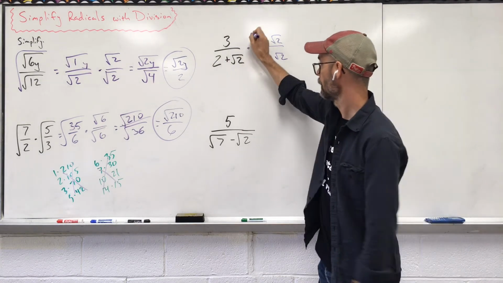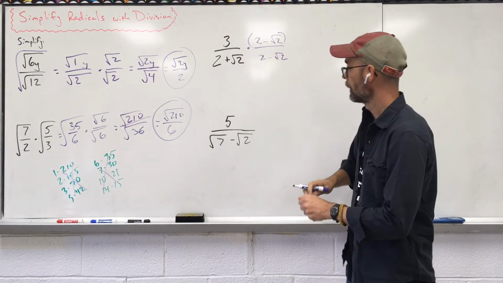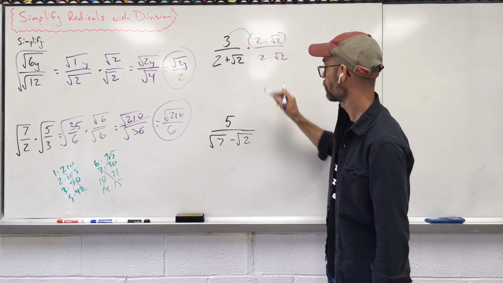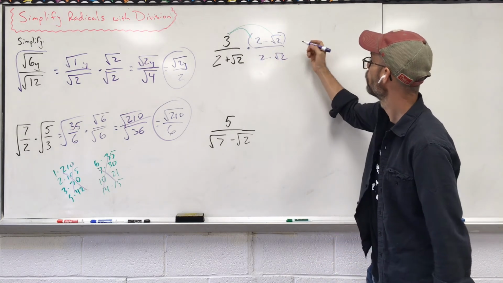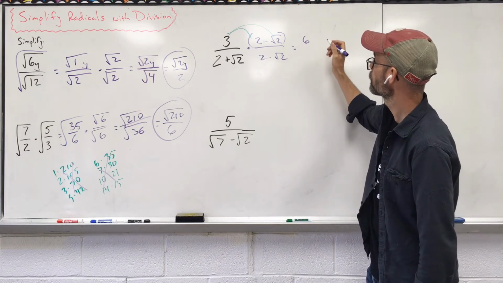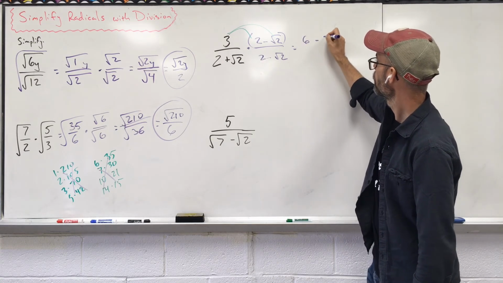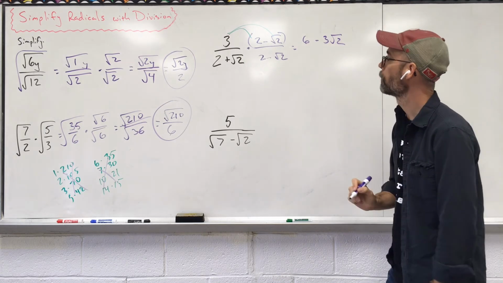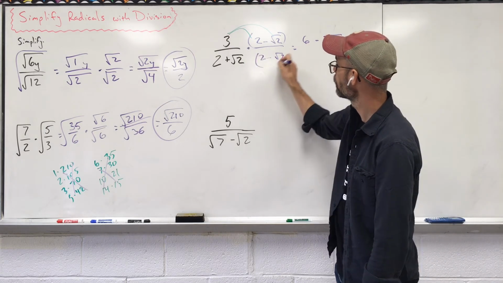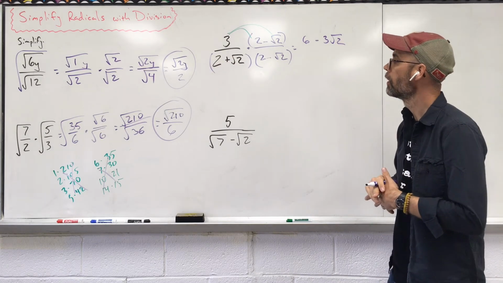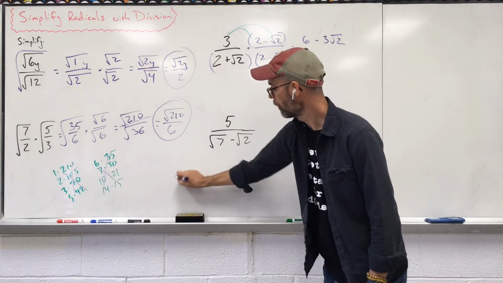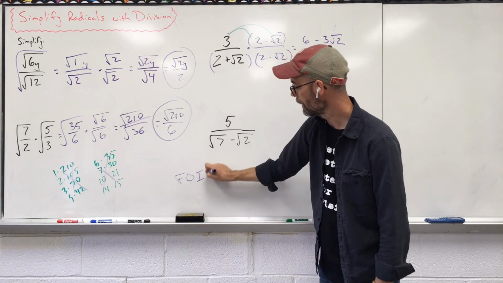Up top, let's distribute. Let's say 3 times 2 and 3 and radical 2. So we get 6 minus 3 radical 2. On the bottom, it's going to be a little more challenging. Now we got to do a FOIL method. I don't know if we remember this. First, outside, inside, last.